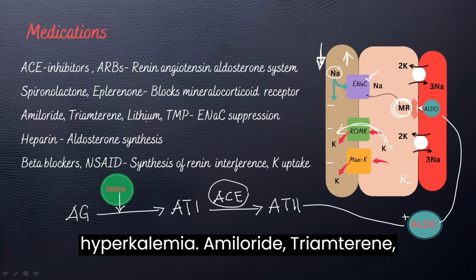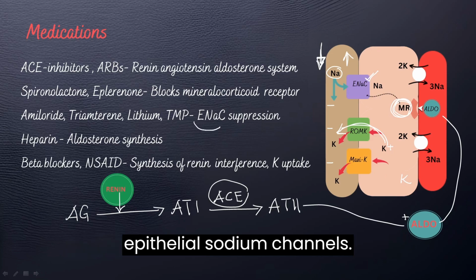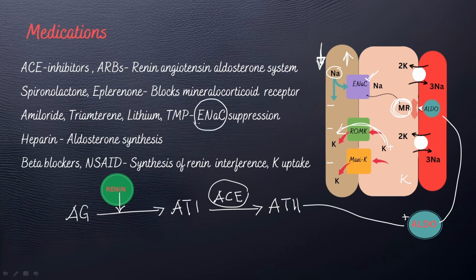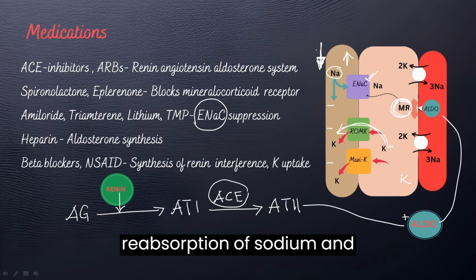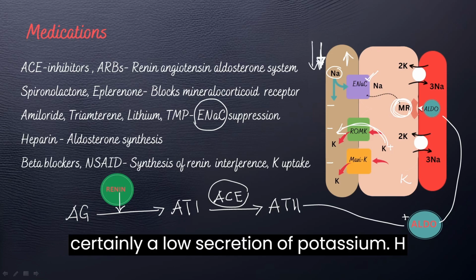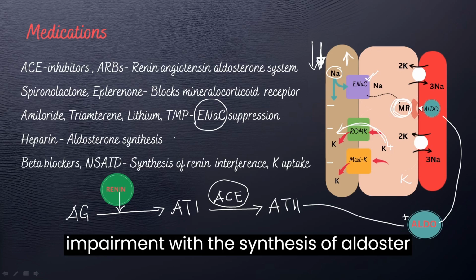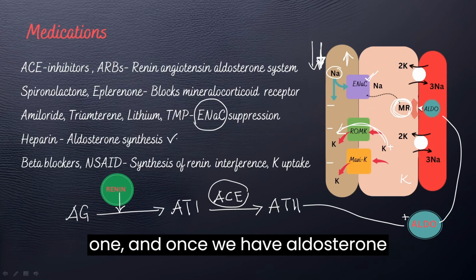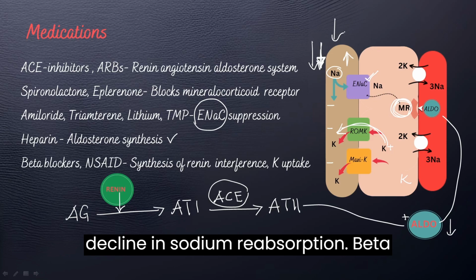Amiloride, triamterene, lithium, and trimethoprim suppress the epithelial sodium channels. This would lead to a low reabsorption of sodium and certainly a low secretion of potassium. Heparin can lead to impairment with the synthesis of aldosterone, and once we have decreased aldosterone, it leads to a decline in sodium reabsorption.